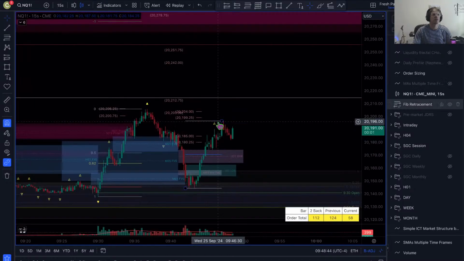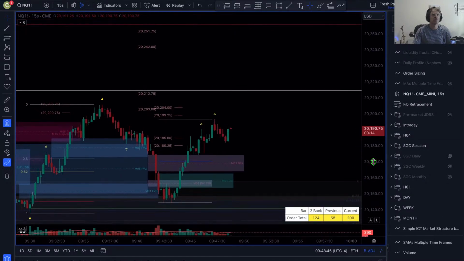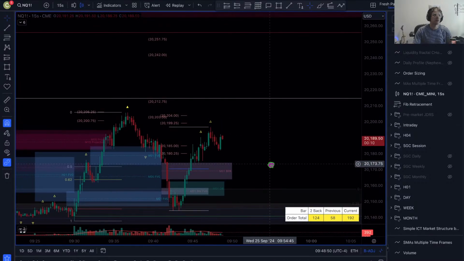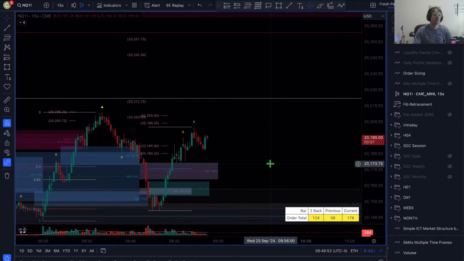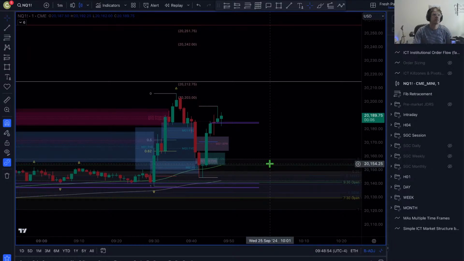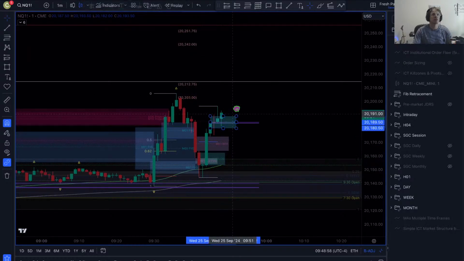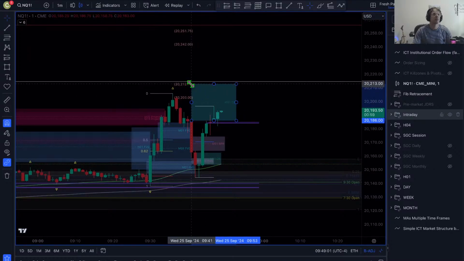Held those imbalances, that'd be a pretty aggressive entry there. Gets up to there. I have on the M1, this is effectively where I would have the targets for this. Looks like it might hit that and then come back.